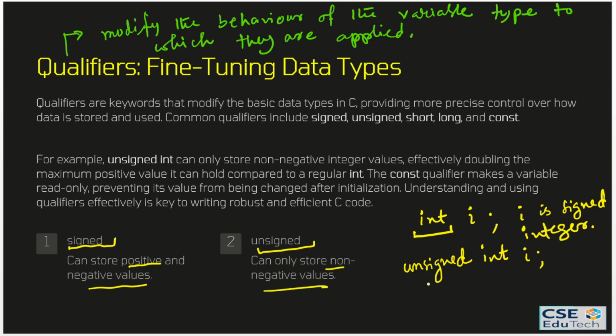So this unsigned is a qualifier that has been applied to the variable I, which changes the behavior of the variable type. In the previous case I can store values both positive as well as negative, but here it can only store the positive values.